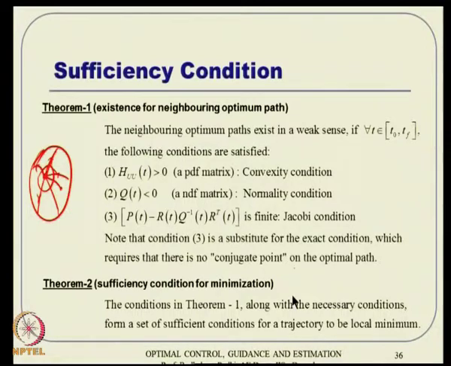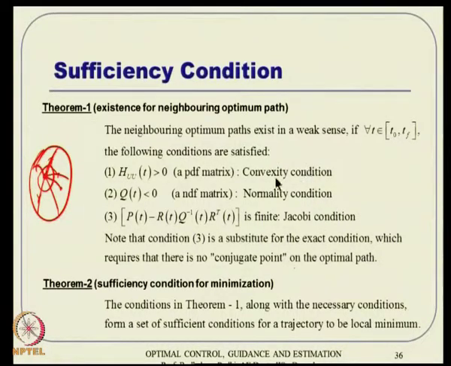If somebody is very curious about the strong sense and things like that, you can always refer to Bryson and other books. On the way, it is good to have some idea about neighboring optimal control and sufficiency conditions. So, I have summarized it, but again, it is not extensive at all. Anybody interested can see especially Bryson and Ho to start with, and then build on that.